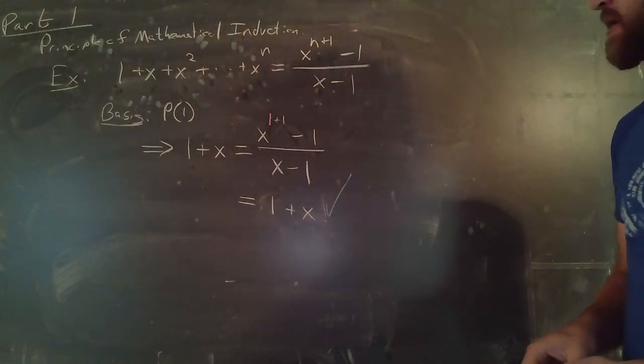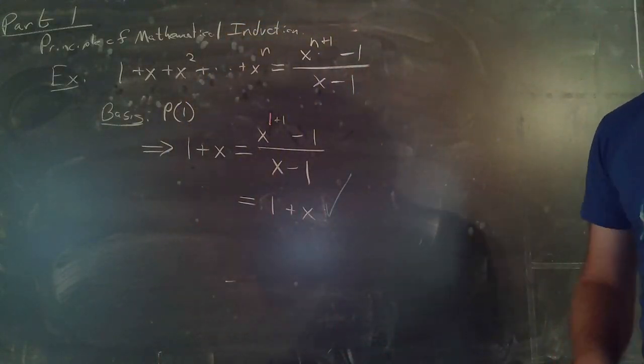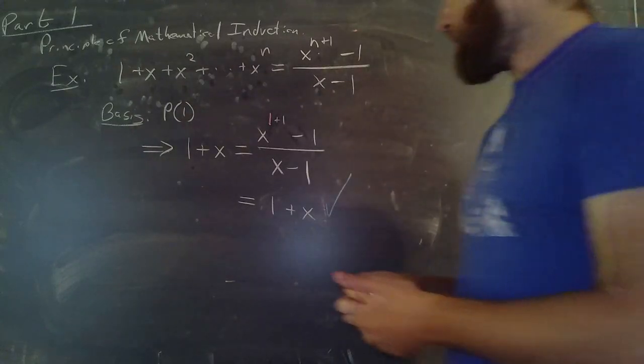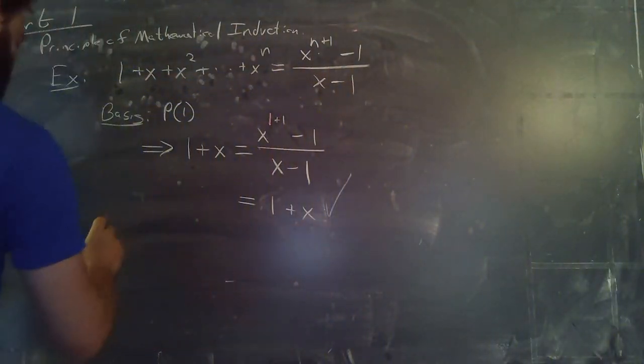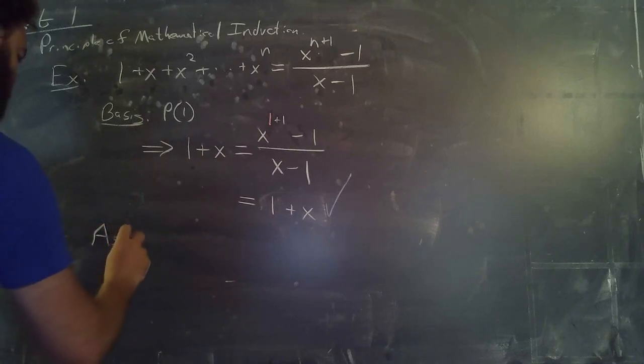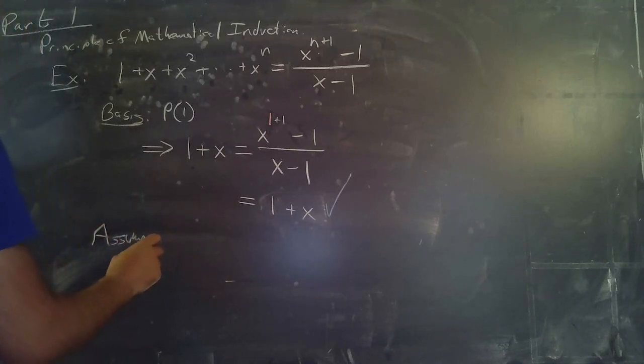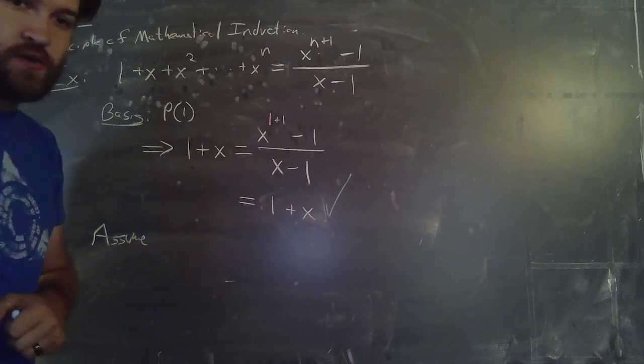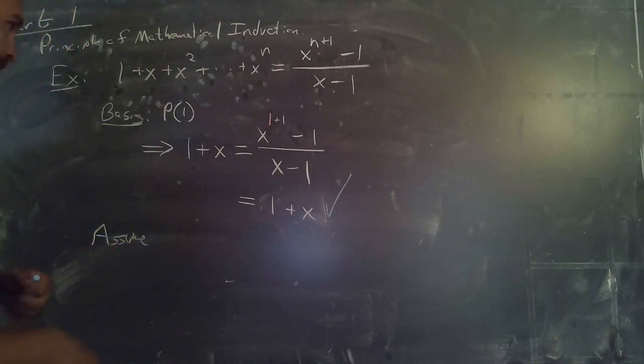Okay? So our next step here is what we call the inductive step. In the inductive step, we need to first assume that the statement holds all the way up to some value k, and remember k is a natural number.